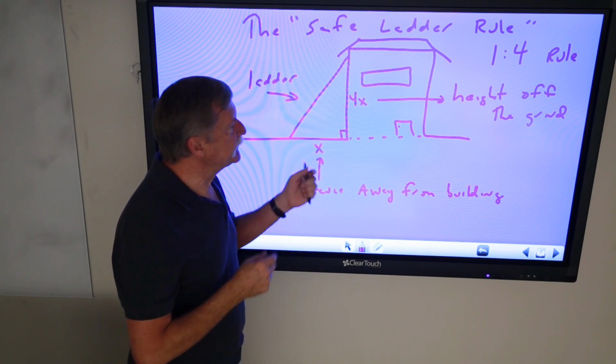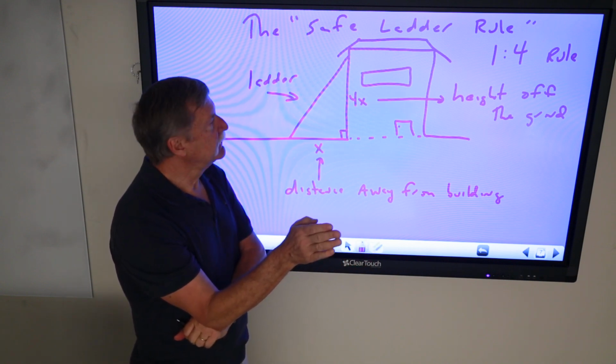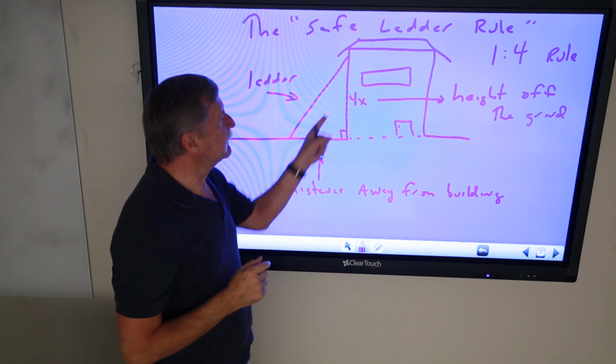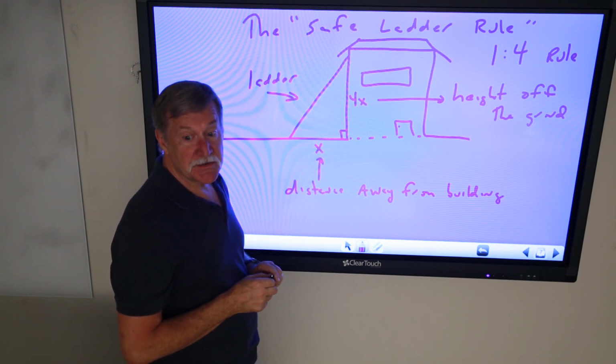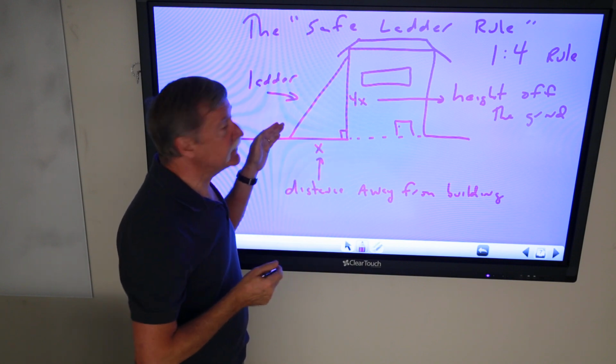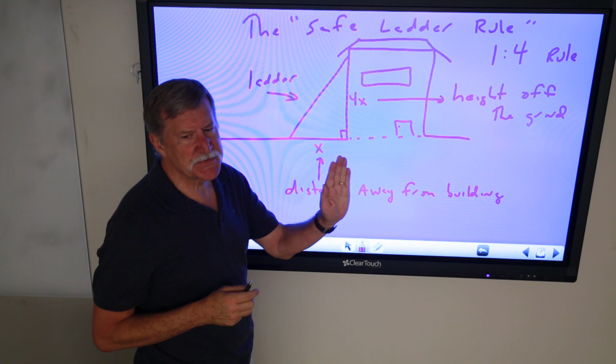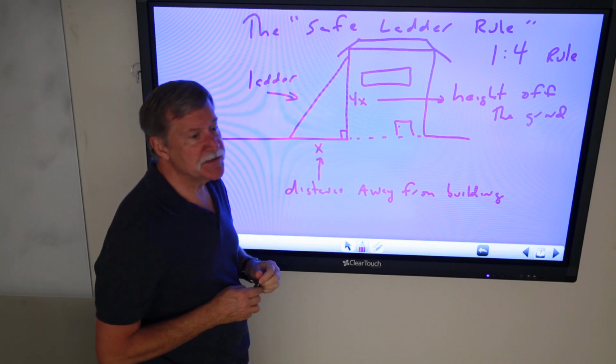So if your ladder is 2 feet away from the house, then 4 feet is the highest you want to go. If it's too close to the house, it's going to flip over and it's not going to be safe.